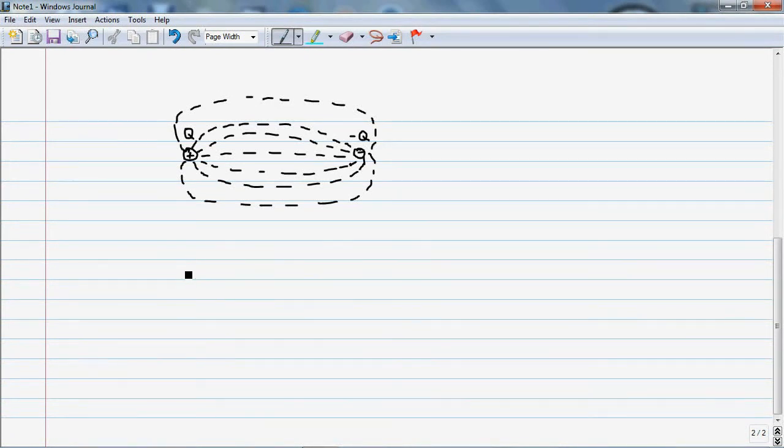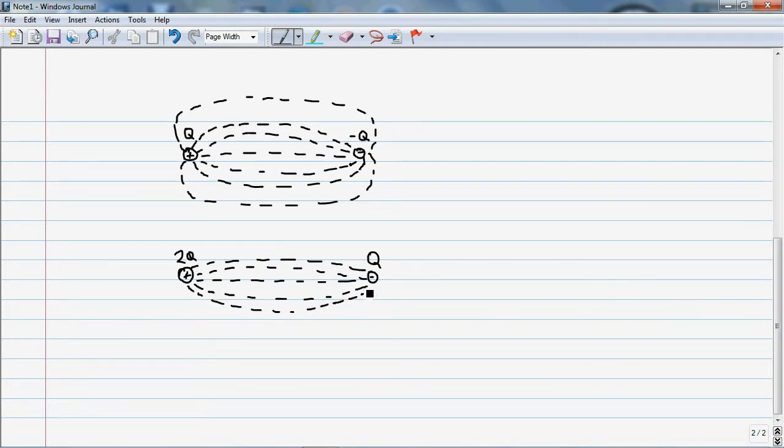Now, if I have a positive charge of 2Q and a negative charge of Q, Q can only accept a certain number of field lines based on its size, but that doesn't mean that the positive charge isn't going to have other field lines.